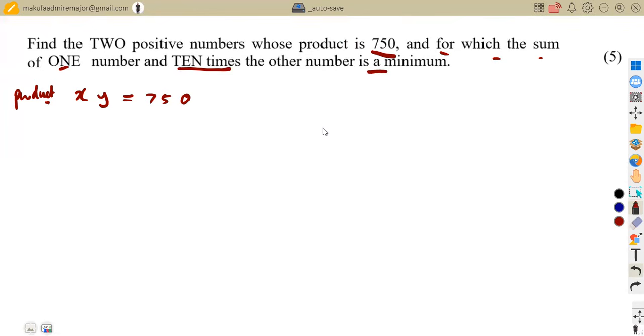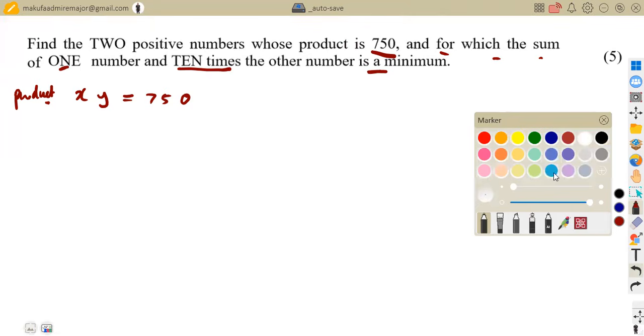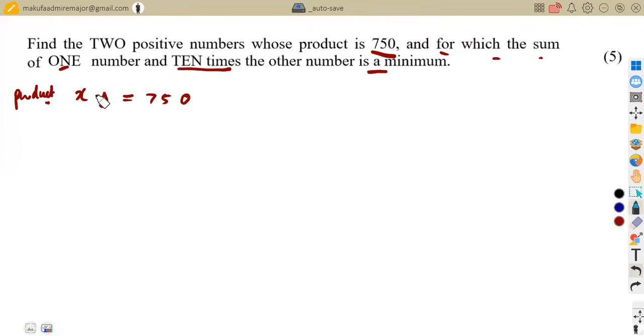Take note, guys. We need to understand this question very, very much. It's not the product that we have to consider here, which is supposed to be minimum. No. For which the sum, this is the condition: the sum of one number and 10 times the other.